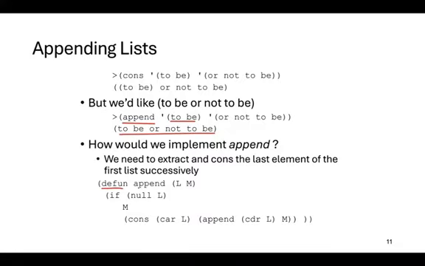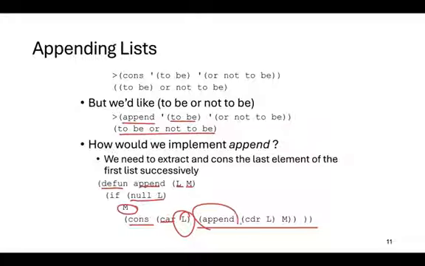We define a function, append, that takes two elements, a list L and M, where we want list L appended to M. If L is null, then M is the one that we have. Otherwise, we construct by taking the beginning part of L, and appending it to the remaining part of our list, again calling append, which is going to call append on cdr of L and M.